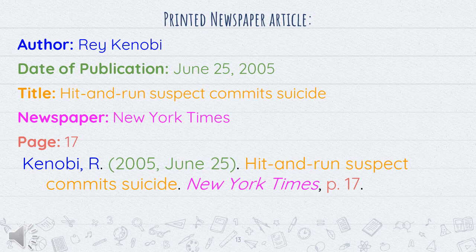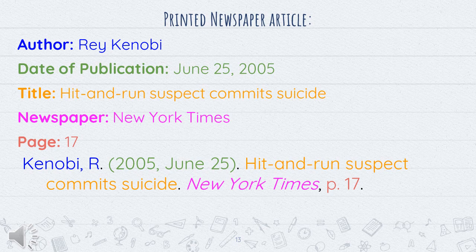So, we have, of course, the surname of the author, comma, and then the initial letter ng name ng author, tuldok, or period, and then this time, kapag ang pinag-uusapan natin ay newspaper article, dito kailangan mong i-include everything, no? Yung date of publication.